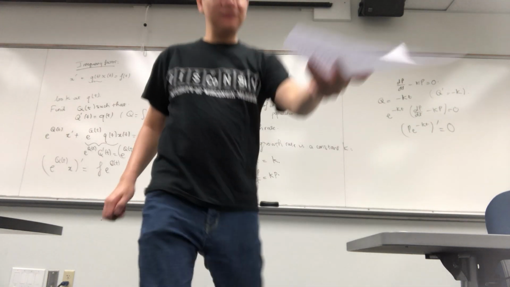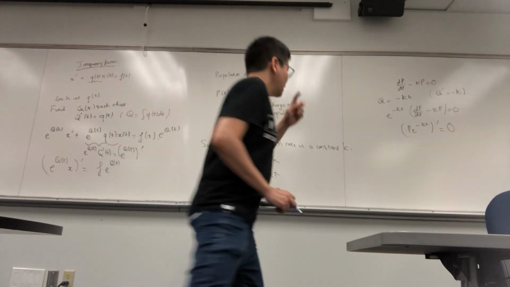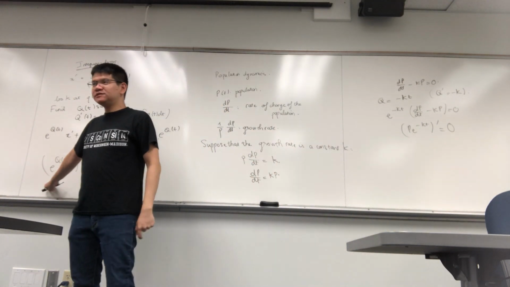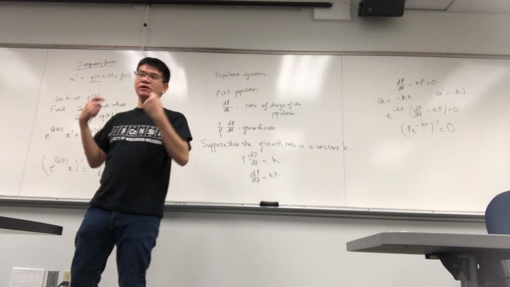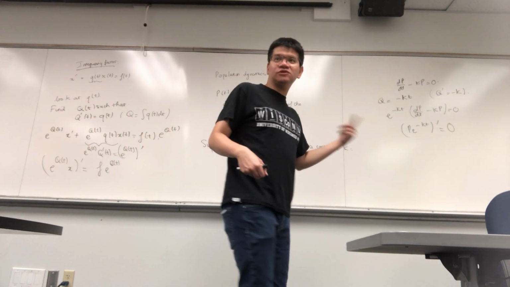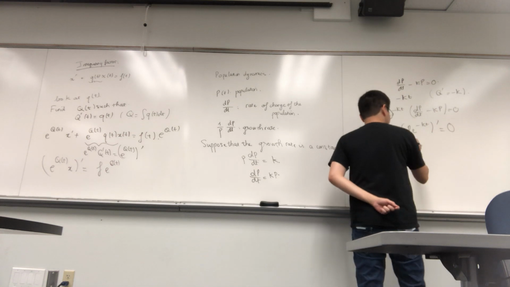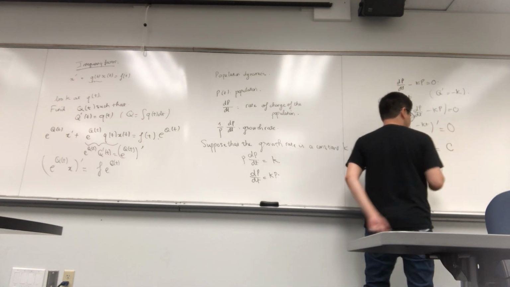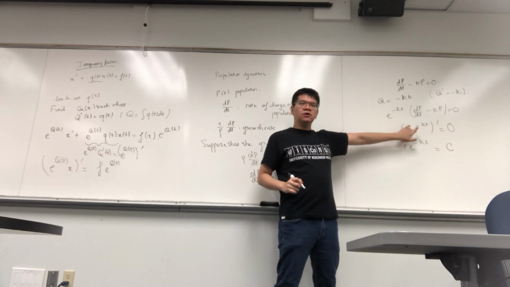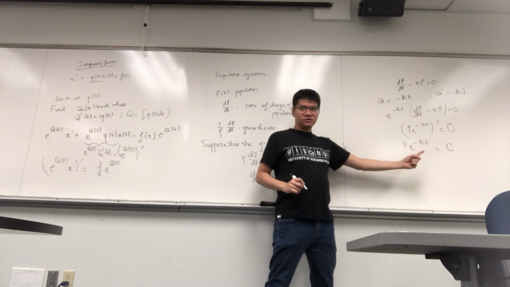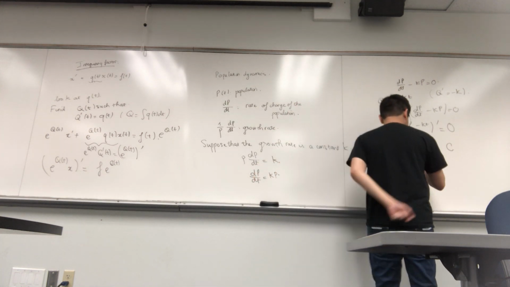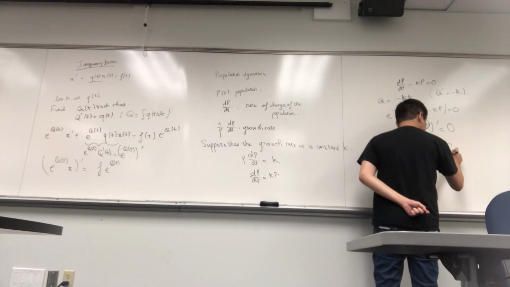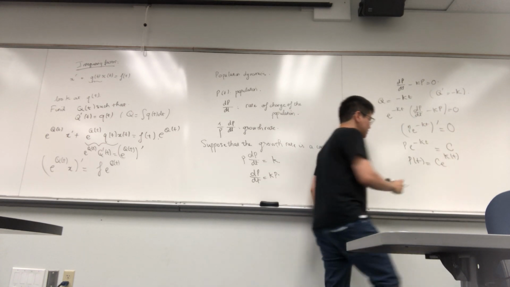This is a first order differential equation, but you have only one derivative, so you just integrate both sides. P e^(-kt) will be a constant, because the function whose derivative is 0 should be constant. So P(t) will be C e to the power kt.